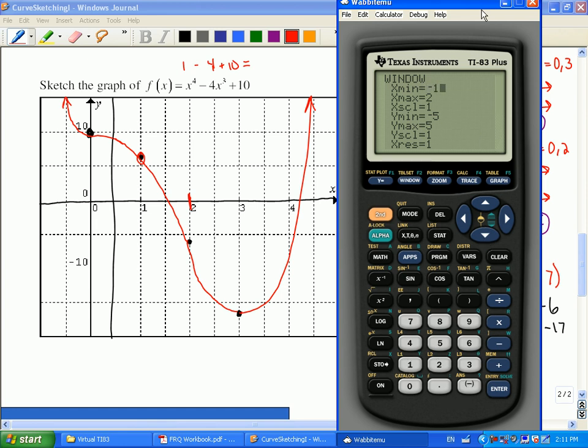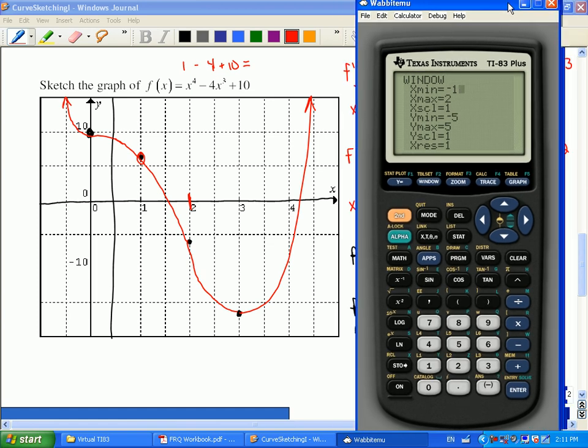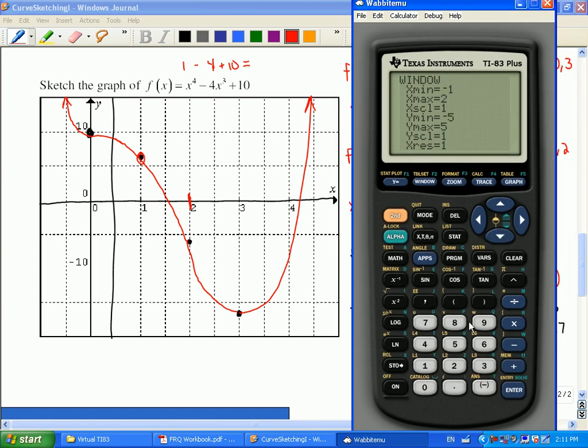And the maximum is what, 5? Yes. And the y minimum is -20. And the y maximum is 15. So hopefully this ends up looking similar in shape. Look at that, eh?